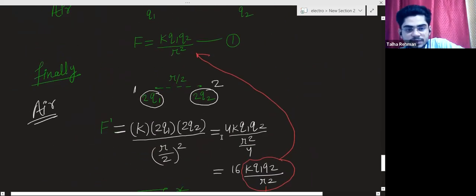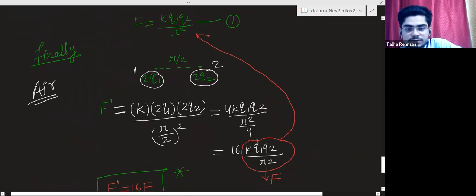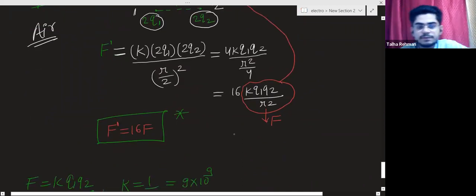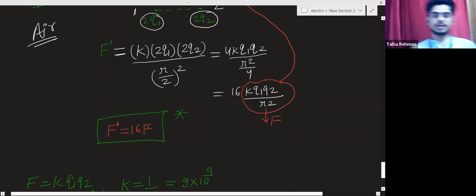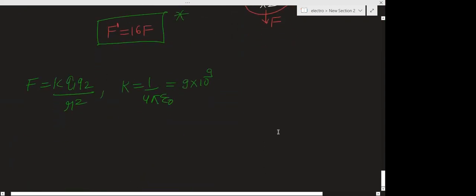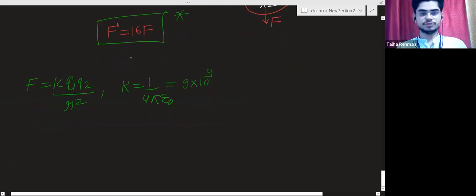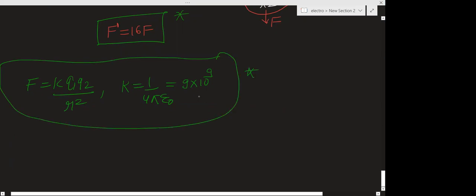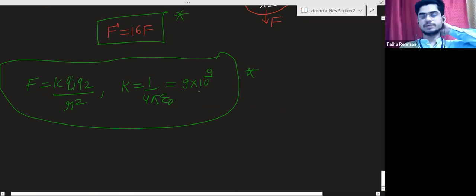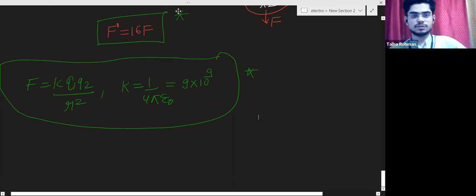So now we have done till here. This question we have completed, and we have the answer: F dash is equal to 16F, and now I am moving forward. Our next topic is dielectric constant and relative permittivity. You should remember this, it is most important.